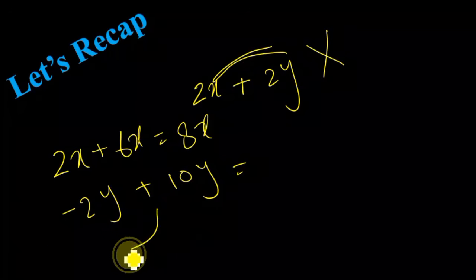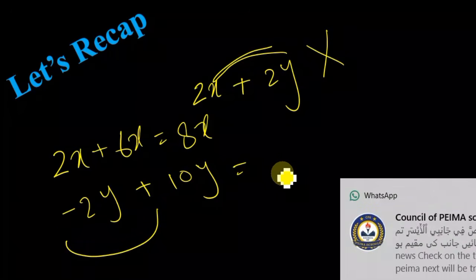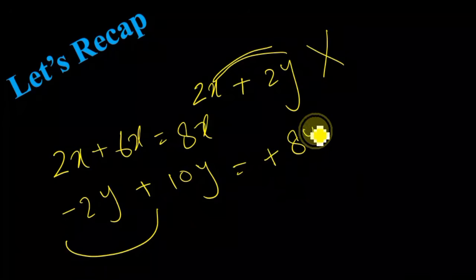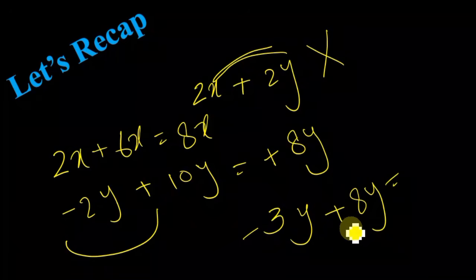The signs are different. You will subtract and always keep the sign of the larger value. So it means plus 10 minus 2, 8y is your answer. If we get minus 3y plus 8y, now it is a similar question. You can do it by yourselves.